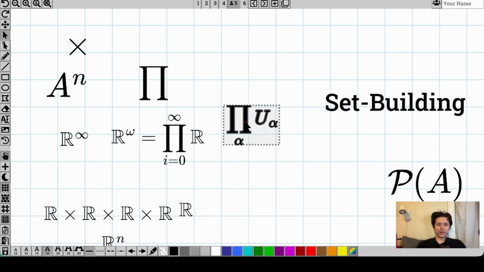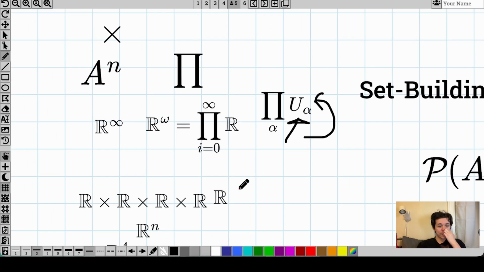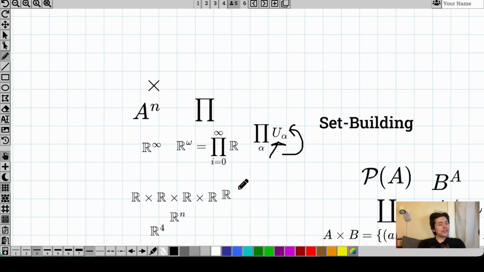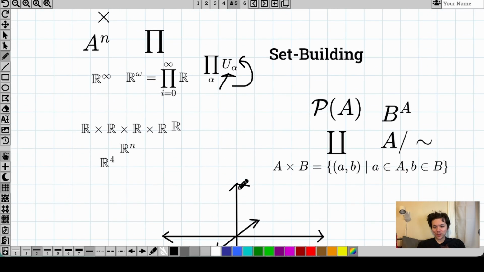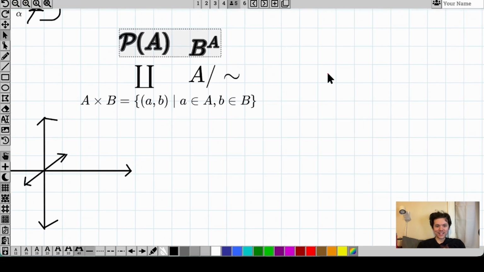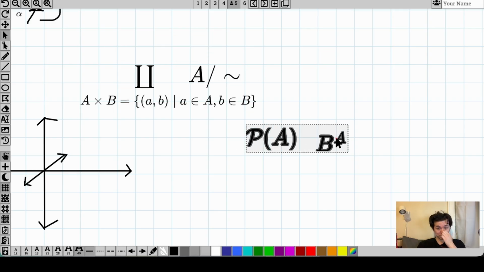So it gives you notation to express your products even if they're infinite, where these elements may vary. Products allow you to build up so many big sets and big examples. I'd love to talk more about them, but there are so many important examples, so we're going to move on to set exponentiation and power sets.